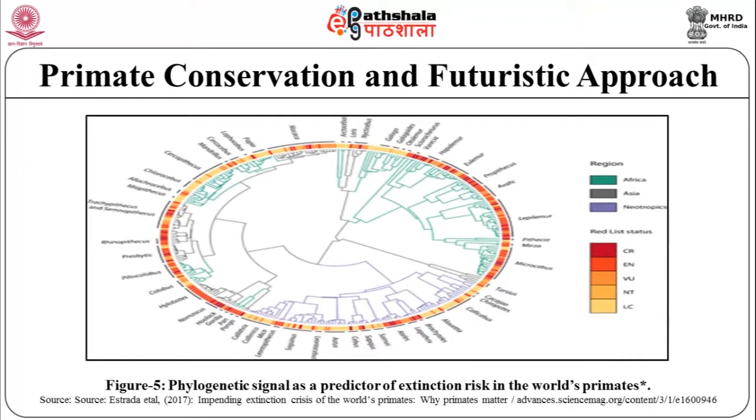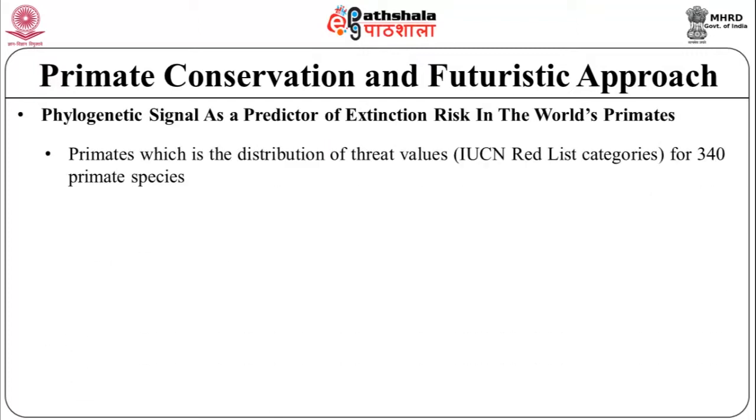Now, this figure illustrates the phylogenetic signal as a predictor of extinction risk in the world's primates, which is the distribution of trait values for 340 primate species. After taxonomic updates, the working phylogeny included 350 of the 367 species considered in the molecular supertree, of which 340 are not data deficient.